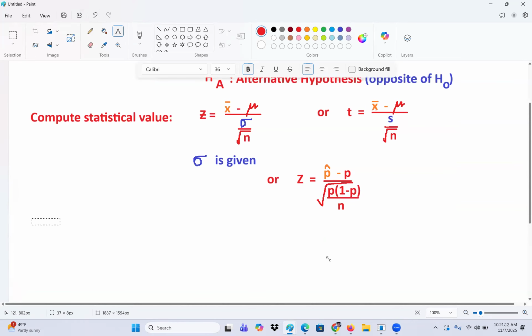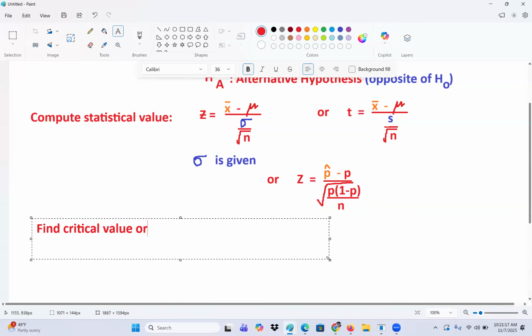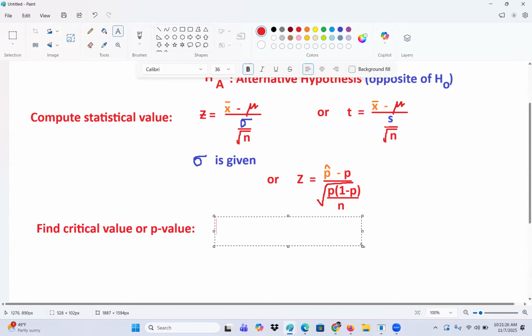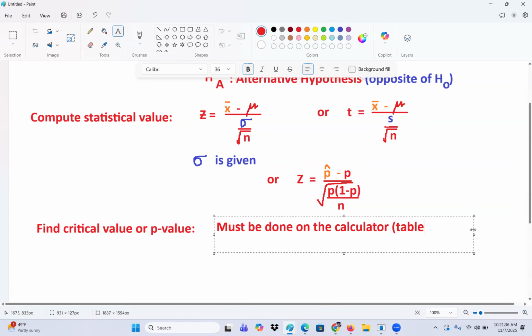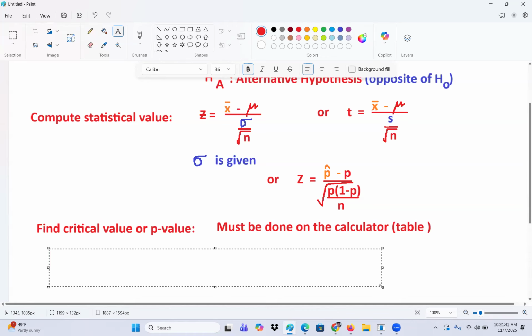And then the next step, we're going to find the critical values or p-value. This must be done on the calculators and or the table. I'm definitely going to show you how to do that. And finally, you need to make a decision on H0, whether we reject or fail to reject.